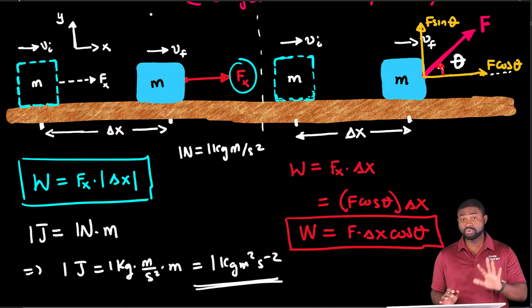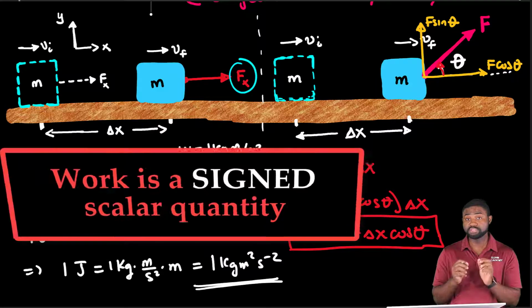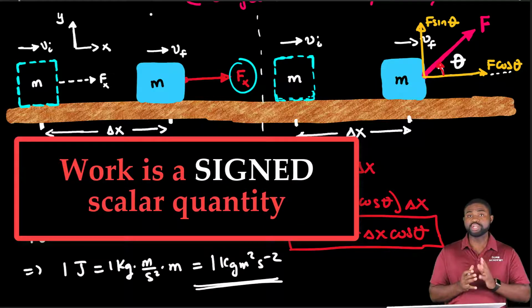Now here's the thing. Work is a signed scalar quantity and can be positive, negative, or zero. So when is work positive and when is work negative?